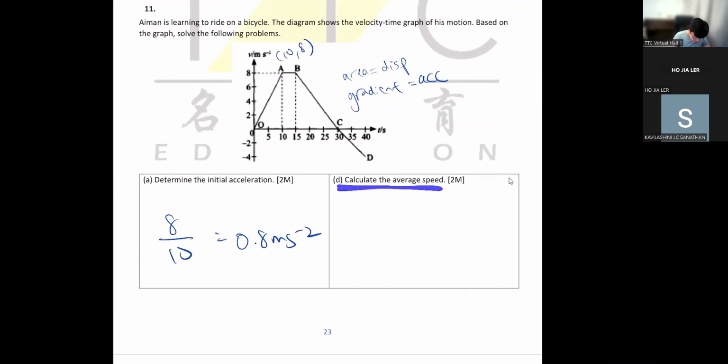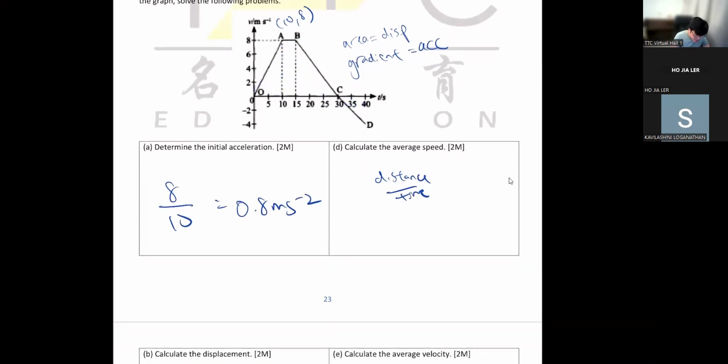Calculate the average speed. That means they take the total distance divided by time. So what's the total distance? Just calculate your total area here. This is a bit fussy, this question. So 1/2 times height times (A plus B).